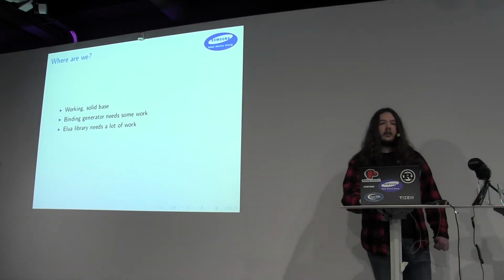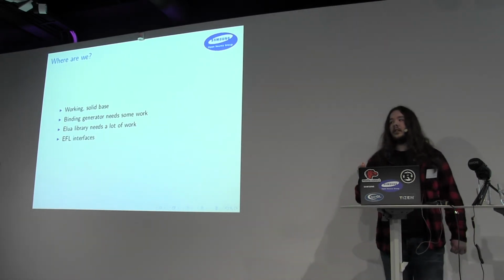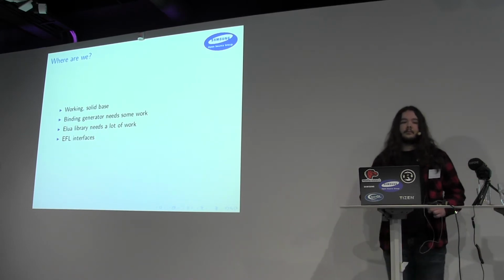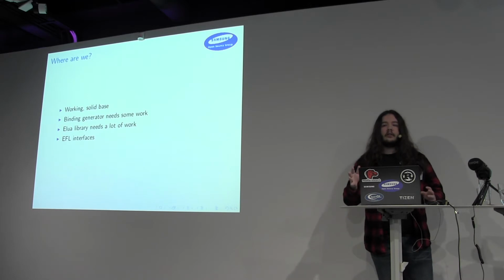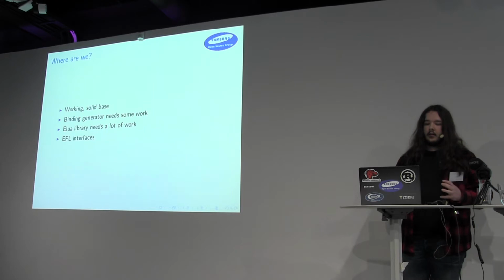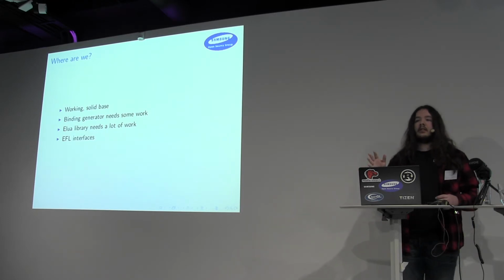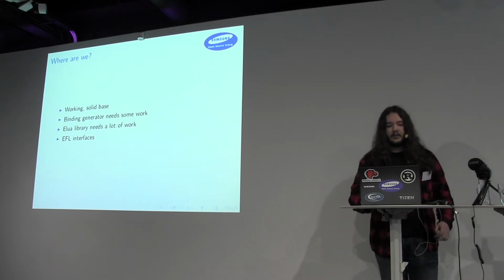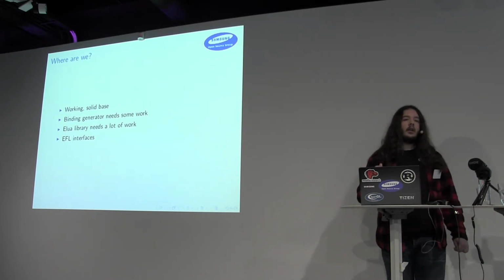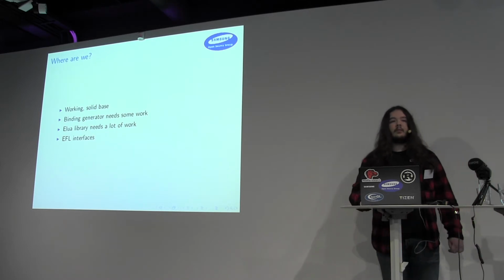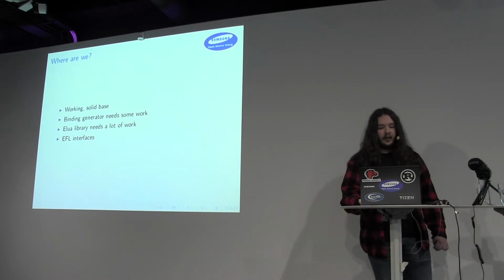The library needs a lot of work, and the EFL interfaces need work, because they are currently incomplete, which means in those API declaration files, certain types like structures, enums, are missing. We have support for them in the library itself and in the description language, but they are missing from the description files themselves, which means we cannot currently generate fully featured bindings just because of that, because it will result in some declarations being missing. So we need to fill these in first.